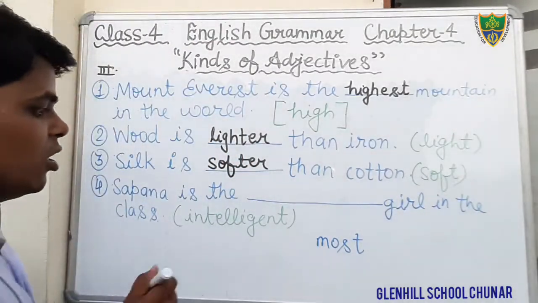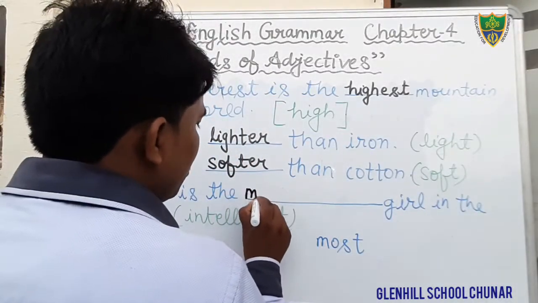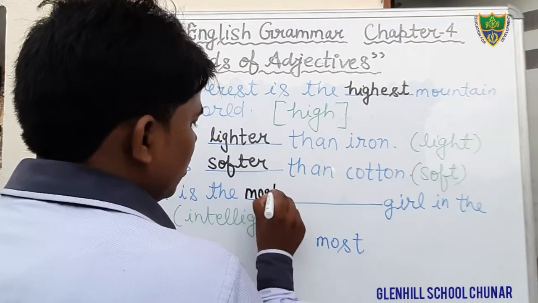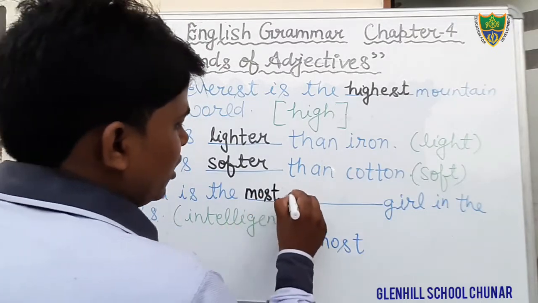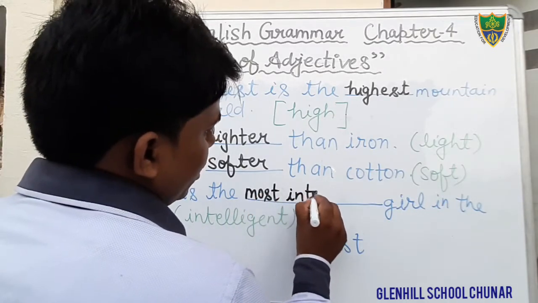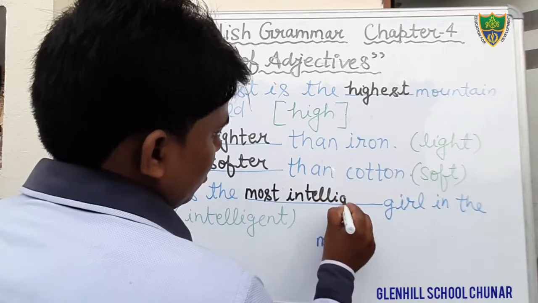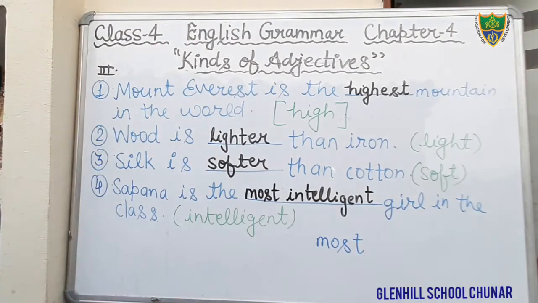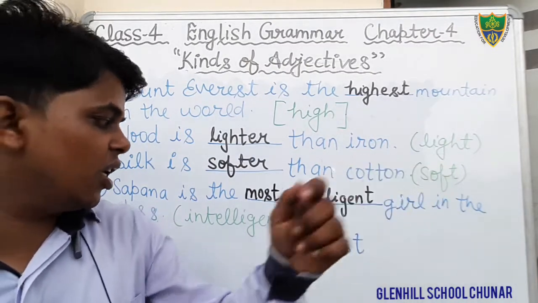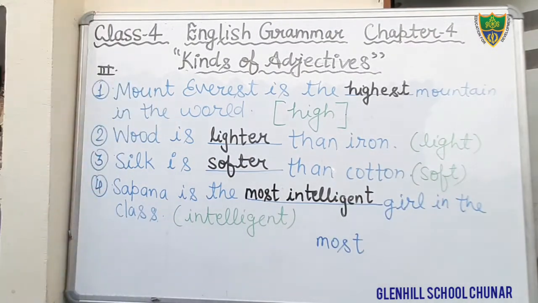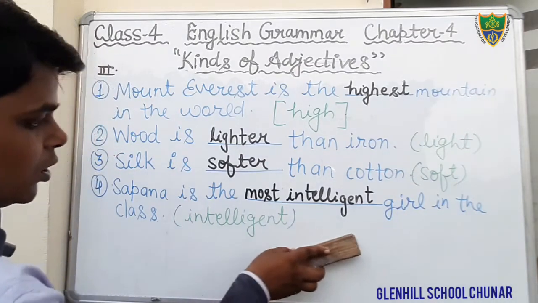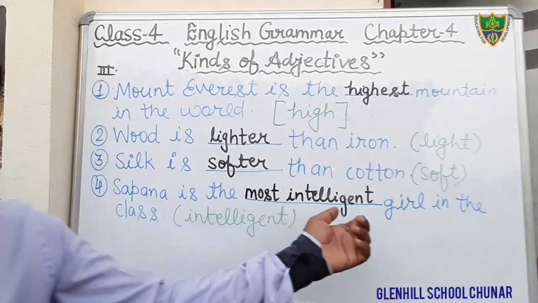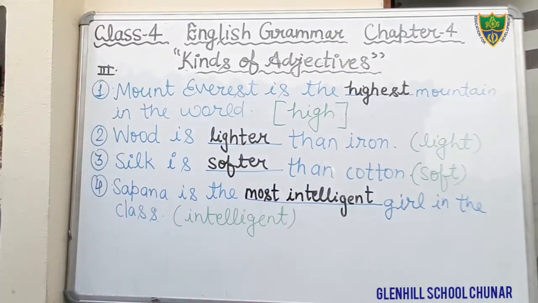So what would be the word? Most intelligent. Just fill here: Sapna is the most intelligent girl in the class.